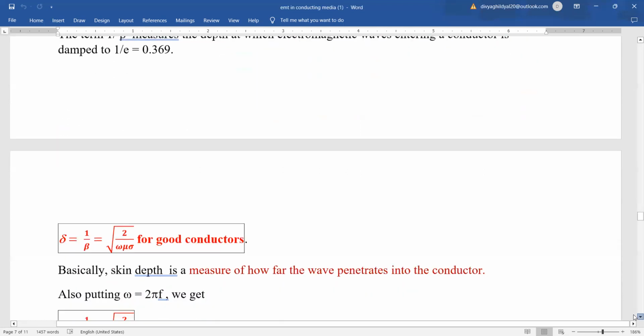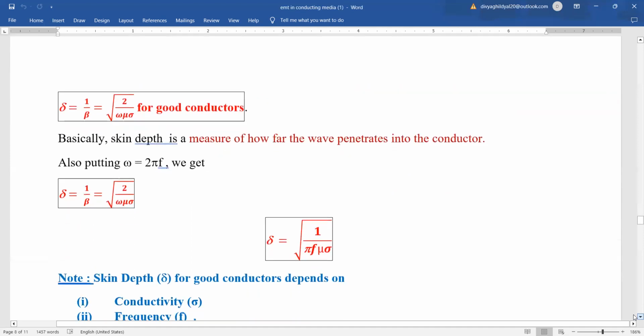So basically for good conductors, the skin depth measures how far the wave is penetrating into the conductor, and it is given by under root 2 upon omega mu sigma, or in terms of linear frequency, skin depth is given by delta equal to under root 1 upon pi f mu sigma.